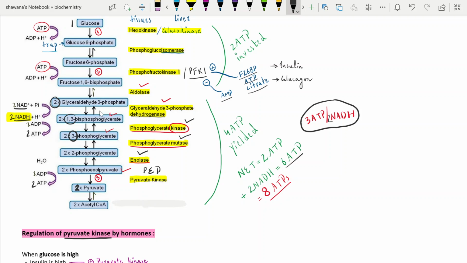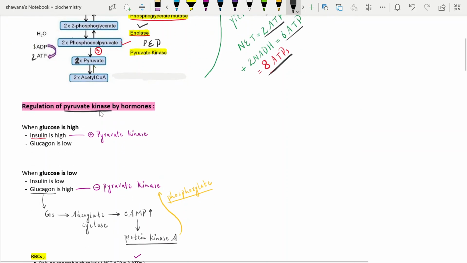So we have in general 4 ATP yielded in glycolysis, but we have invested 2, so the net gain of ATP in aerobic glycolysis is 2 ATPs. But when we combine them with the ATPs we will obtain from NADH, so 6 plus 2 is 8 ATPs in general we obtained from aerobic glycolysis. But in anaerobic glycolysis, when there is no mitochondria, we will only have 2 ATPs.